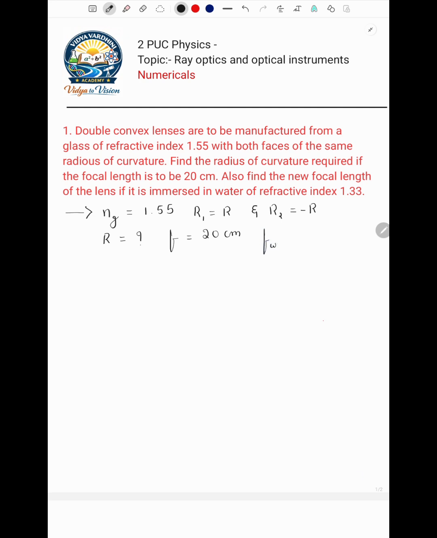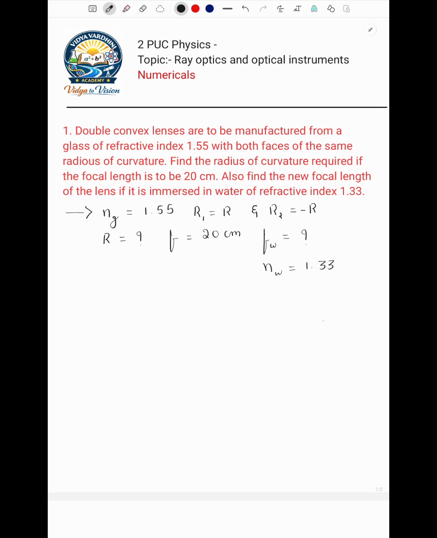They have given the refractive index of the water, N_W, that is 1.33. These are the things that have been given in the problem.